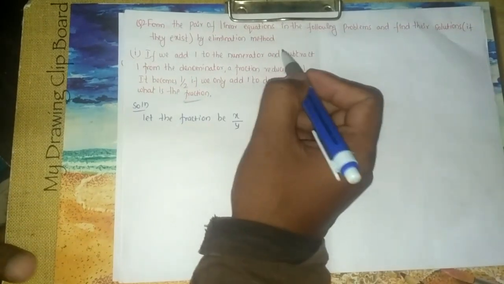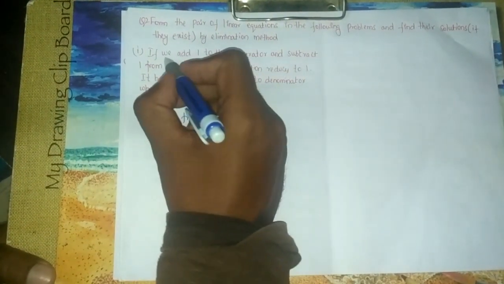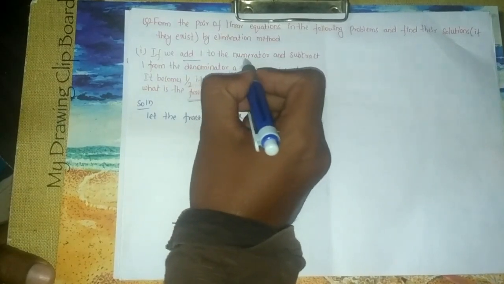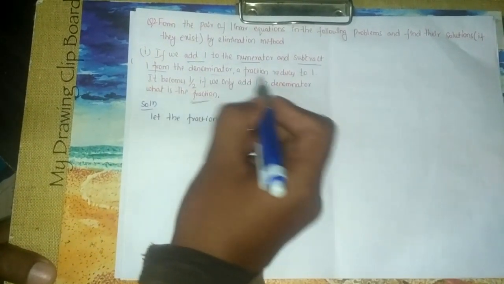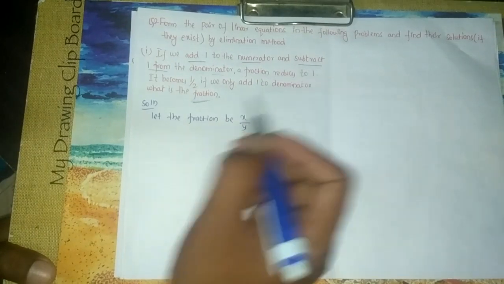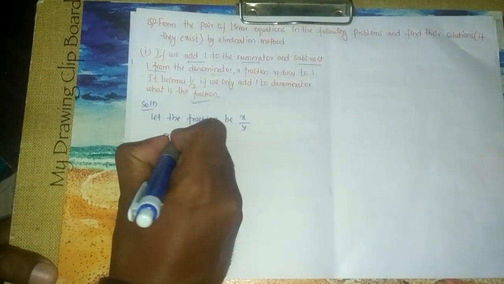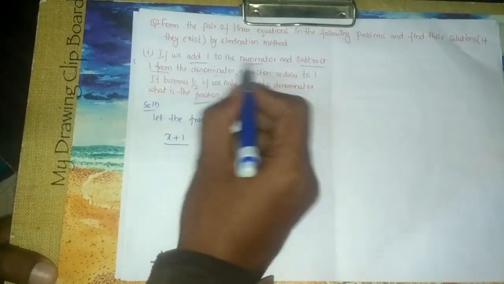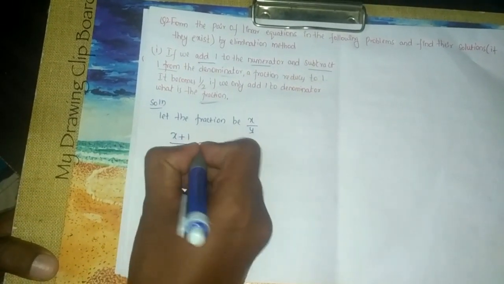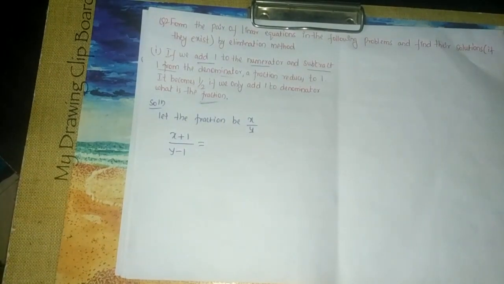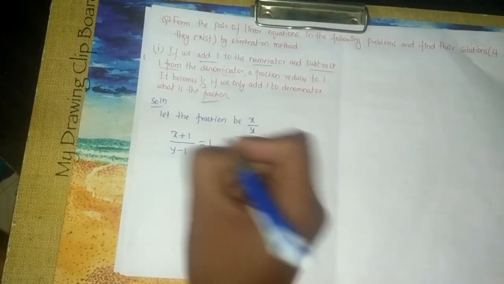Now coming back to the question, the first condition is: if we add 1 to the numerator and subtract 1 from the denominator, the fraction reduces to 1. This is 1.